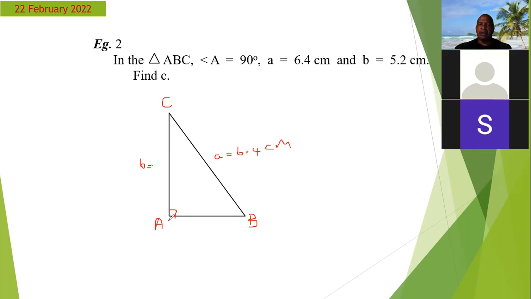You can call it AC or you can call it CA, whichever way suits you. So that would give you, based on the measurement here, 5.2 centimeters. All right, continue.